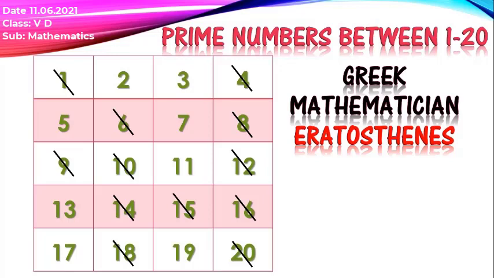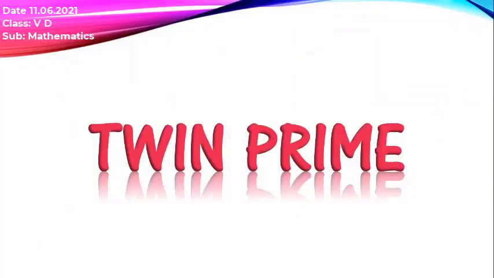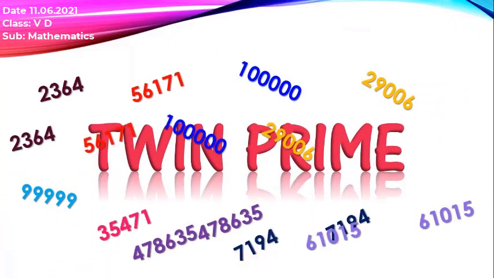So here now we are having some numbers which are still left, and therefore the numbers which are left here are the prime numbers. So the prime numbers between 1 and 20 are 2, 3, 5, 7, 11, 13, 17 and 19.